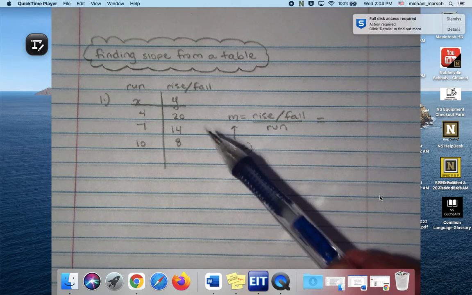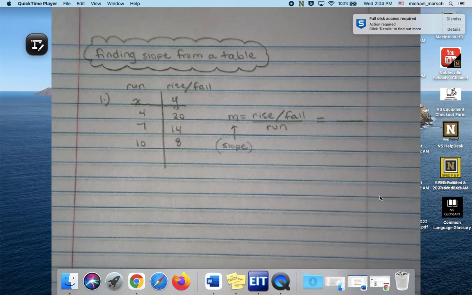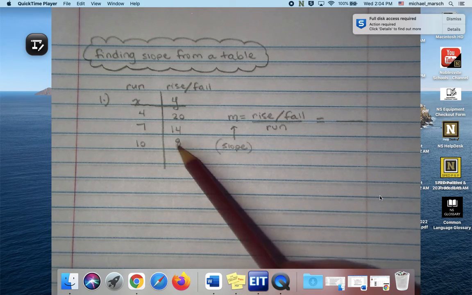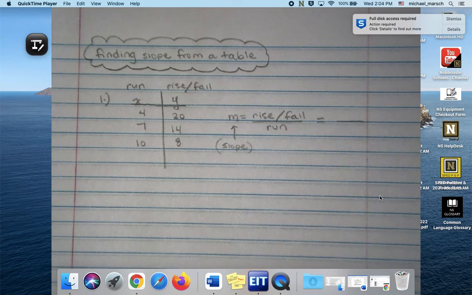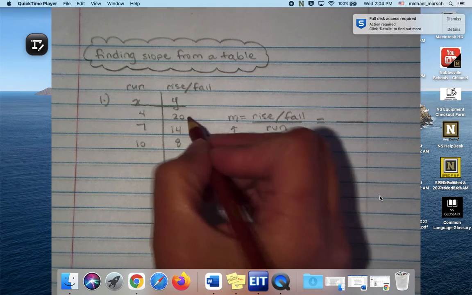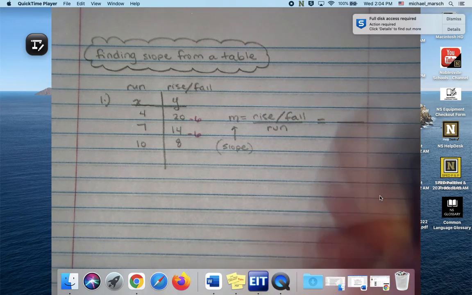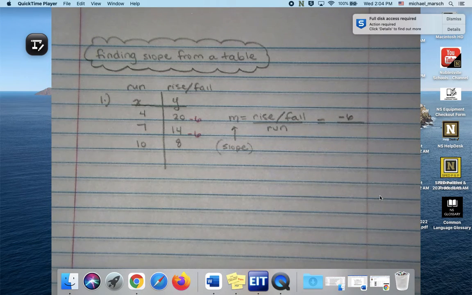So I need to find out what's happening between each of these y values. What math is taking place to get from this one to this one, this one to this one? Going down by 6. Minus 6, minus 6. So my rise or fall is negative 6. How about my run?